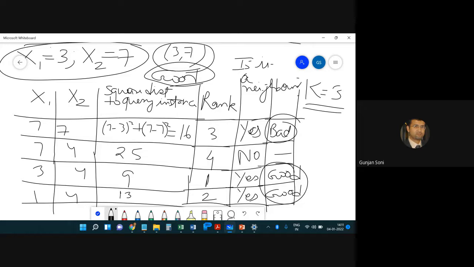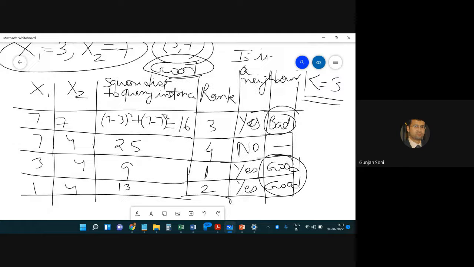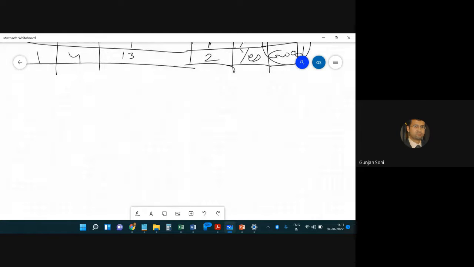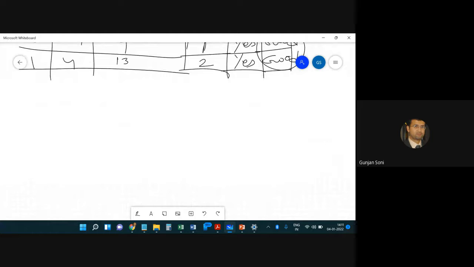Now this is when your labeled data or the dependent variable is a categorical variable. What if the dependent variable is a quantitative variable? So we'll take that problem as well. Let's take one more problem where your dependent variable is a quantitative or non-categorical variable. Let's say you have time series data.